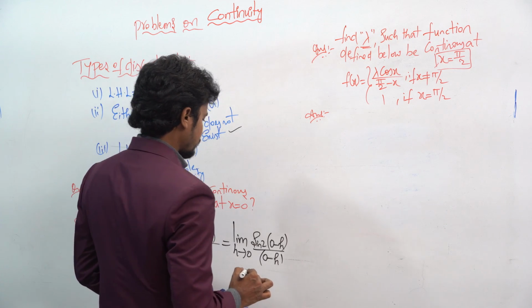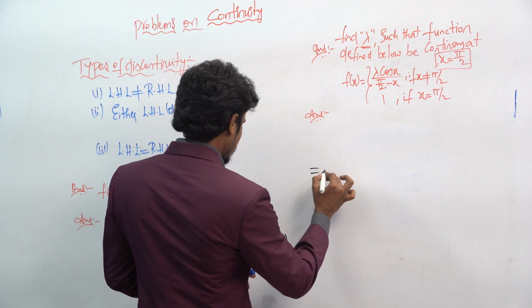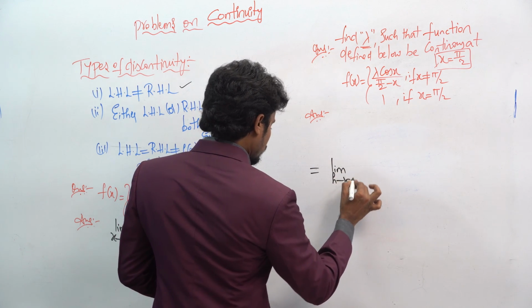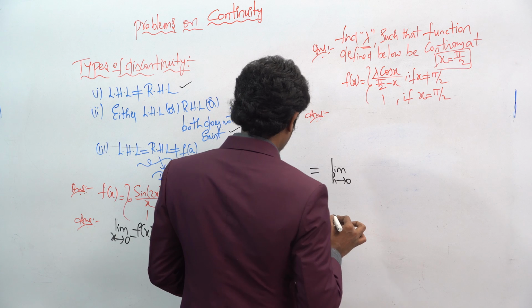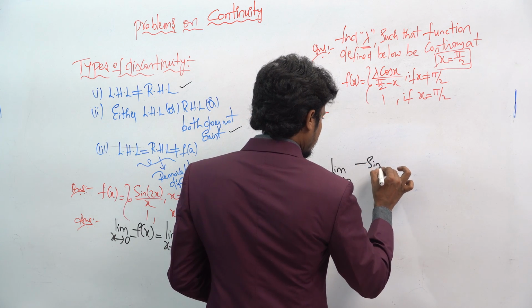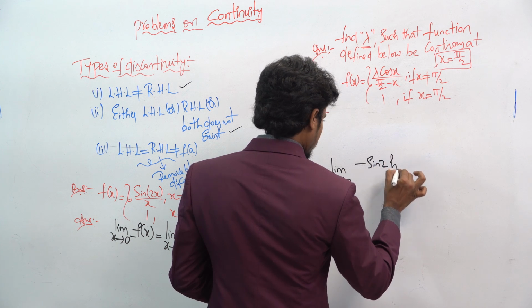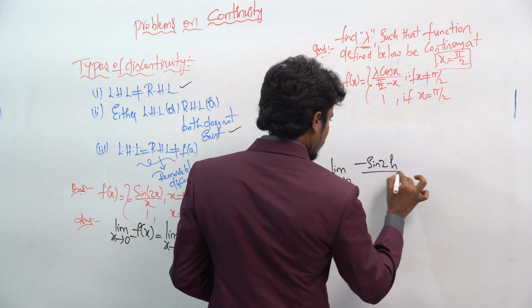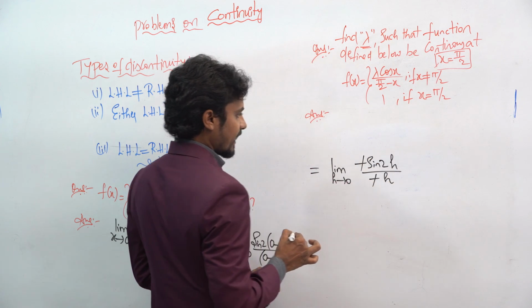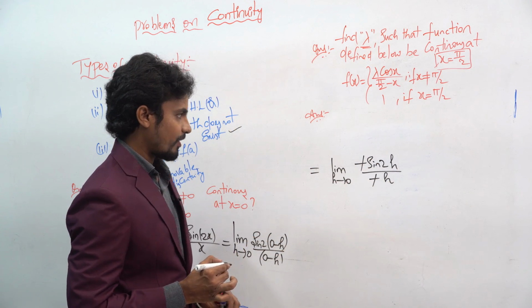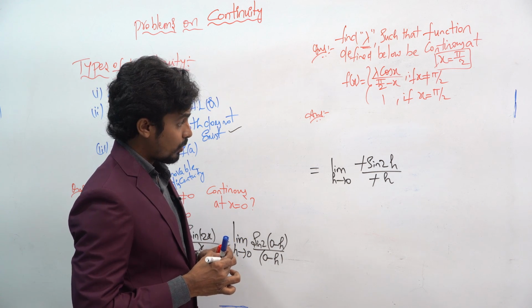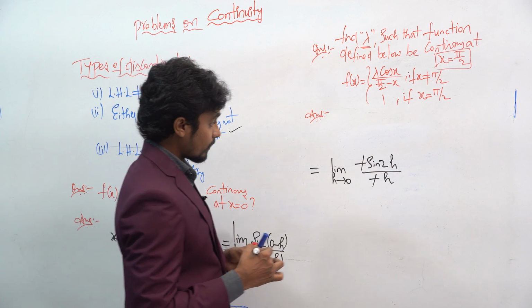This is the limit h tends to 0 of minus sin 2h divided by minus h; the minus signs cancel.